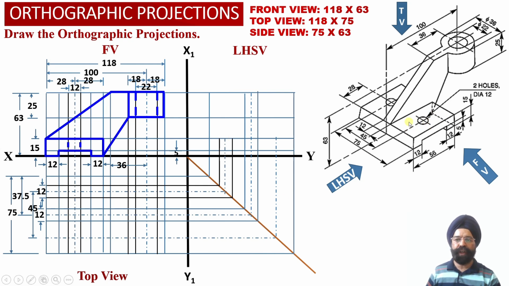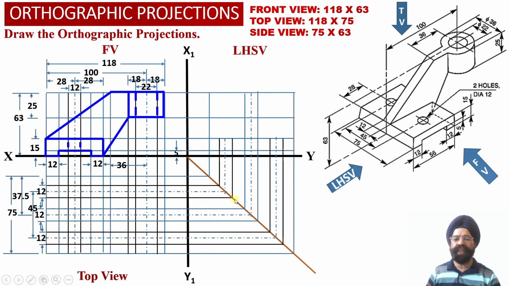Similarly, corresponding to this front side circular hole, once again 6 millimeter offset toward the rear surface, 6 millimeter offset toward the front surface has been located, so that these two endpoints of the diameter equal to 12 millimeter will be located appropriately into the top view projections, and two black horizontal projector lines have been drawn into the top view projections.